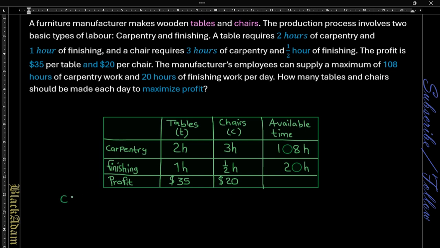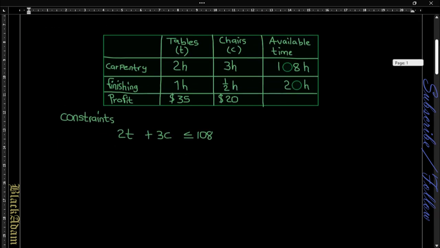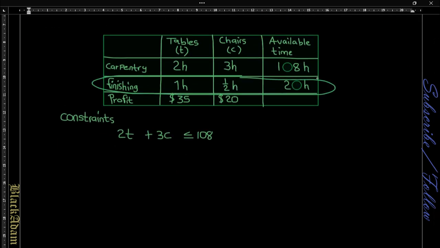And then the next thing that we have to do, we need to know the constraints. So the constraints that we have, that's carpentry. In hours we have 2t plus 3c less than or equal to 108.